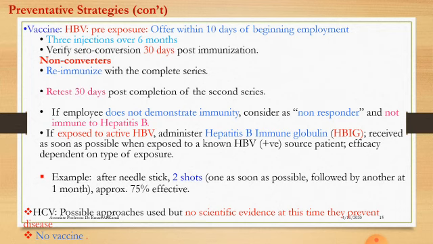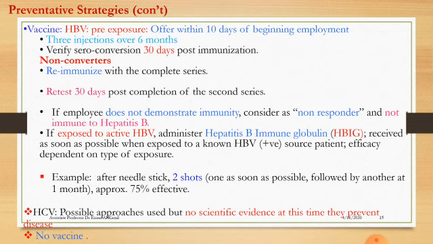And then, for example, we are going to give him 2 shots of the immunoglobulin, one as soon as possible after the accidental stick or exposure, followed by another one which is at least 1 month later. And this is approximately effective up to 75%.